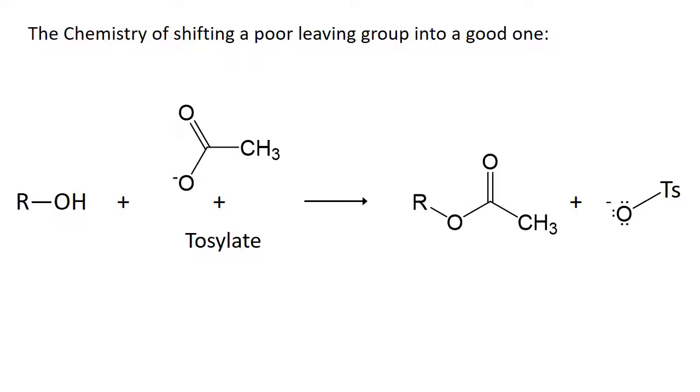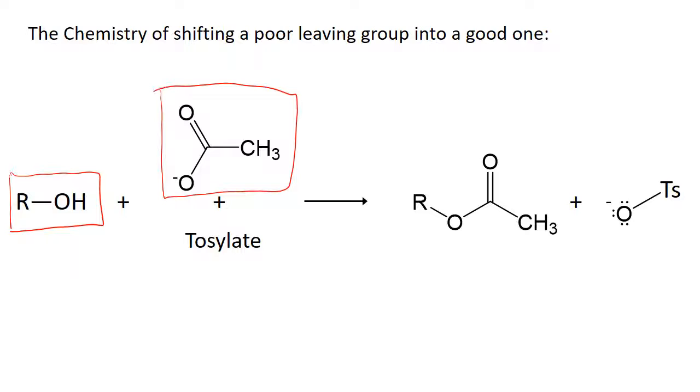And this is where we use tosylates. So this is basically the same reaction. We have our organic alcohol, we have our carboxylic acid here, but we have also a tosylate.